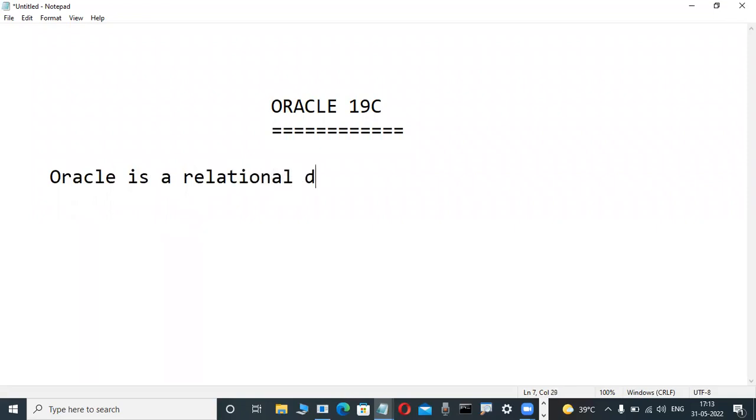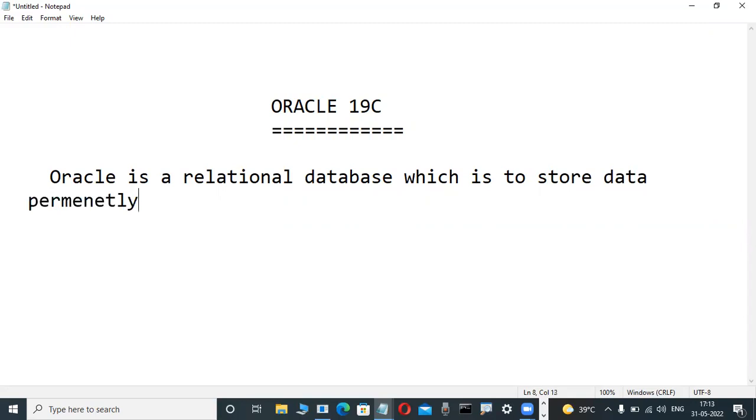Relational database, which is used to store data permanently in secondary storage devices.